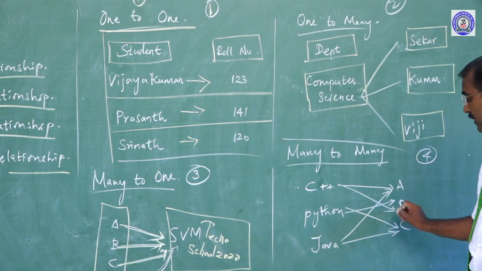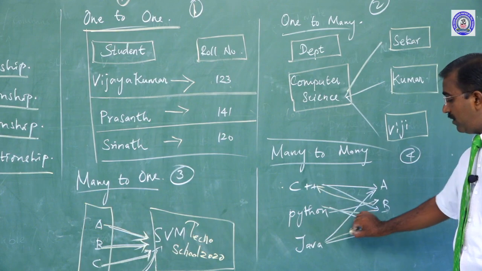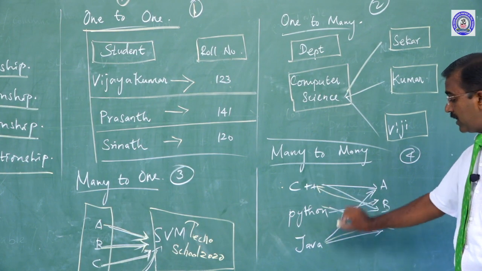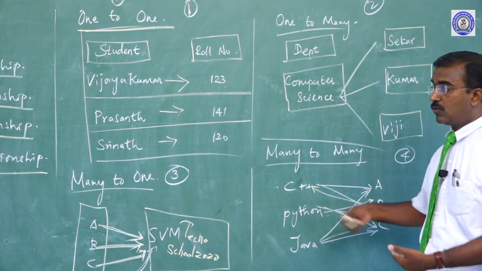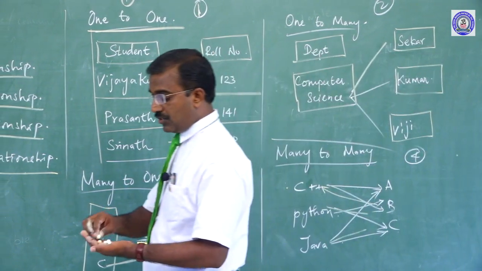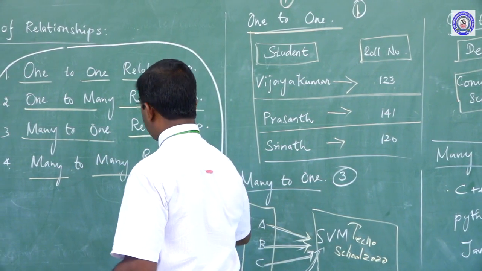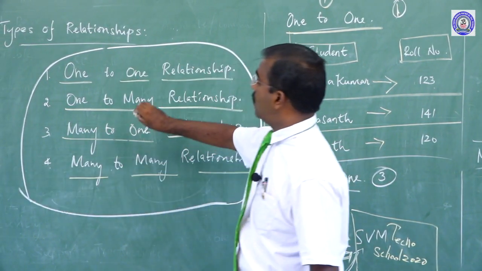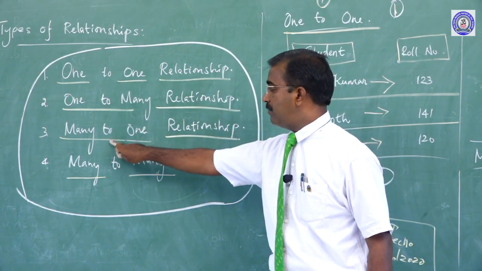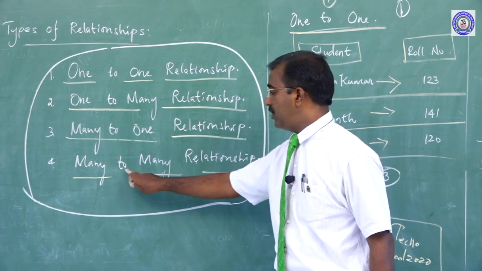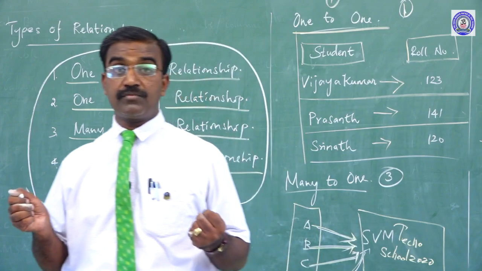B also studies C++, Python and Java, and C also studies Java, Python and C++. So the types of relationship are one-to-one, one-to-many, many-to-one and many-to-many relationships. That is what we learned today.